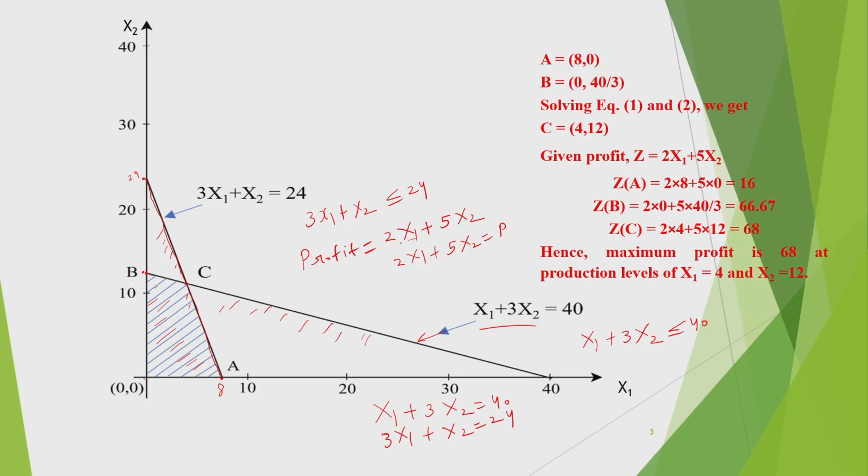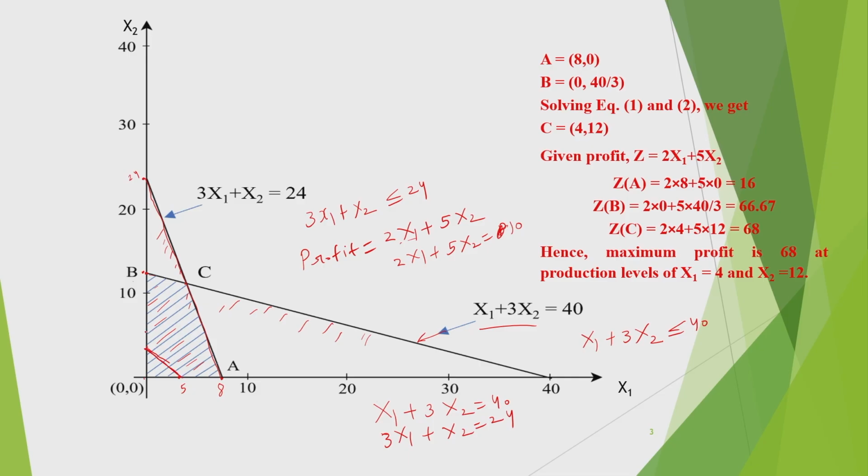Suppose instead of profit, it would have been 10. Then x1 is equal to 5, so one point is here, and x2 is equal to 2, so it is like this. So it would be some line of this type.